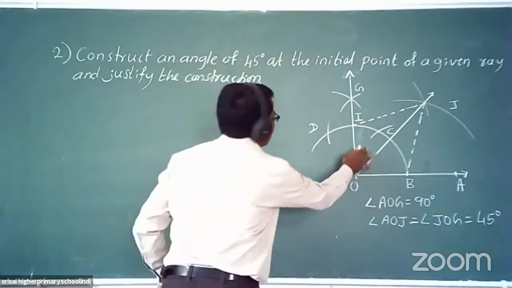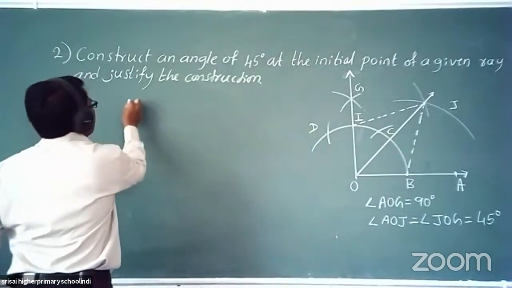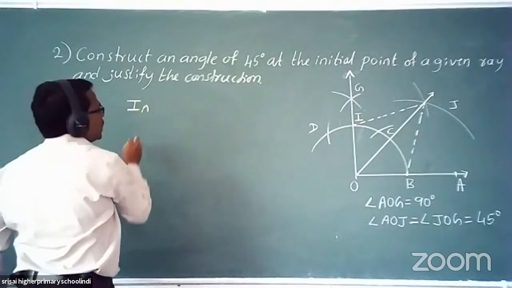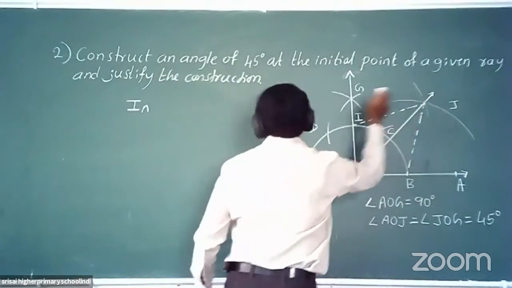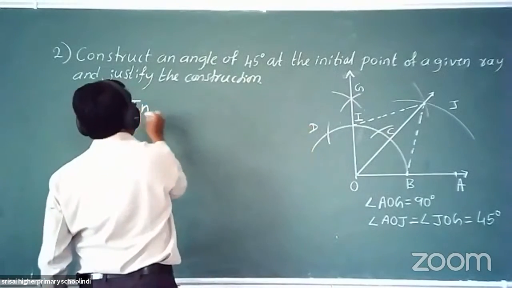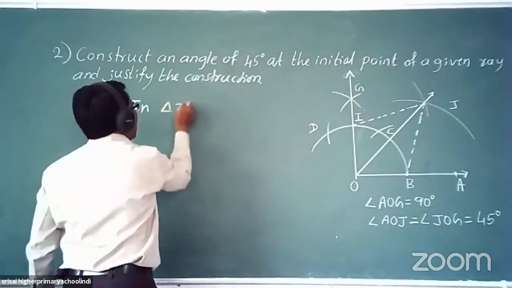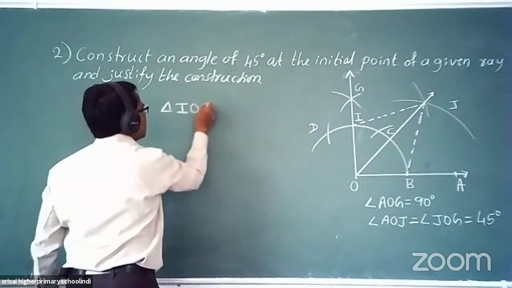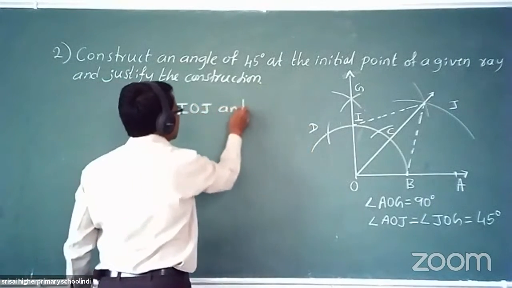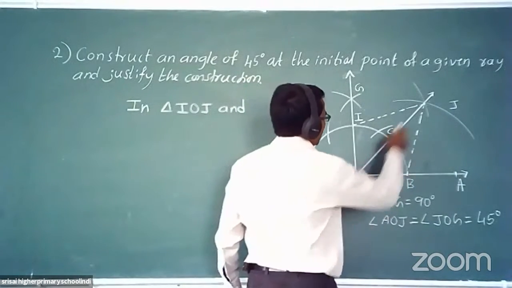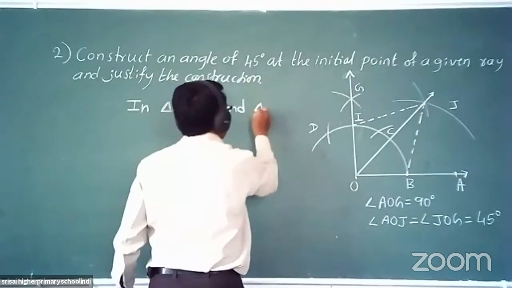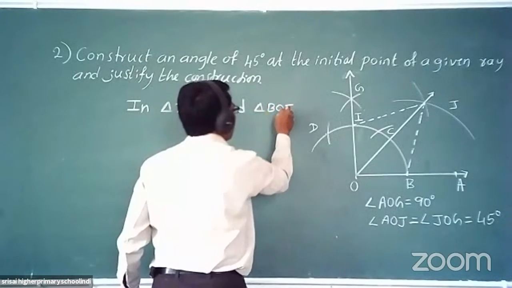So two triangles are there: triangle IOJ and triangle BOJ. Which are equal parts?